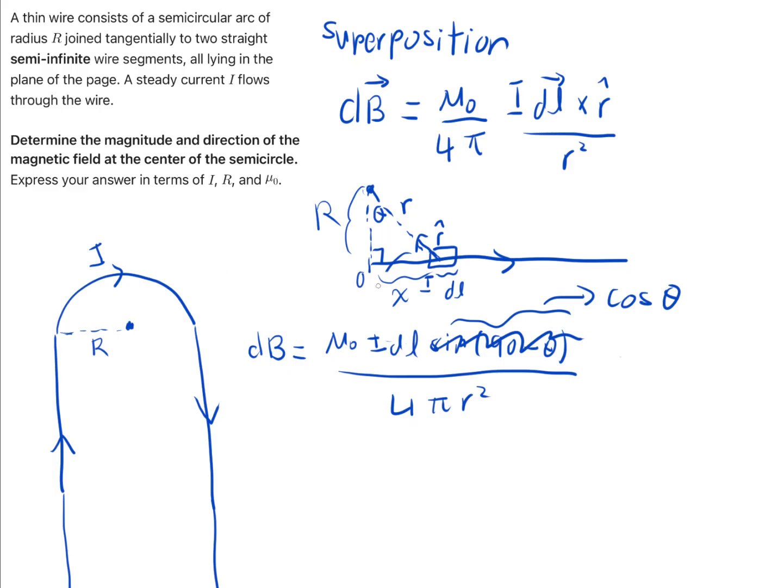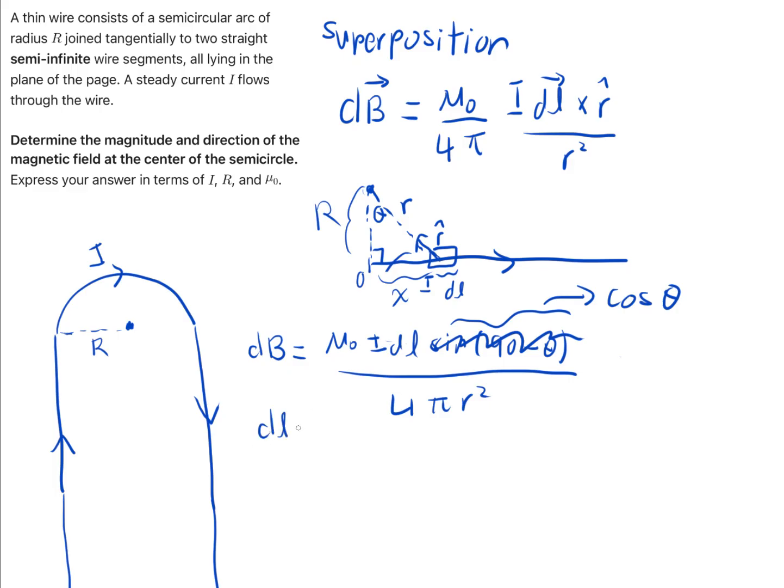So we can either write dl, r, and cosine theta all in terms of x, and then do the integral over all of the little magnetic fields to find the total one. Or we can also choose to do it over theta. And it really doesn't matter which one you do, you'll always end up with the same answer. But it is slightly easier if you use the angle theta here. So let's write everything in terms of theta.